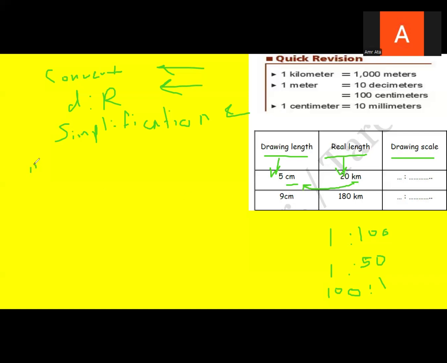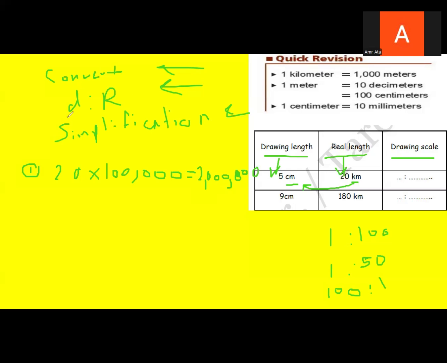Number 1, 20 kilometer, I want to convert it to centimeter, so I will times by 100,000. So equal 2 million. 1, 2, 3, 4, 5, 6. Okay, this is the step of convert.